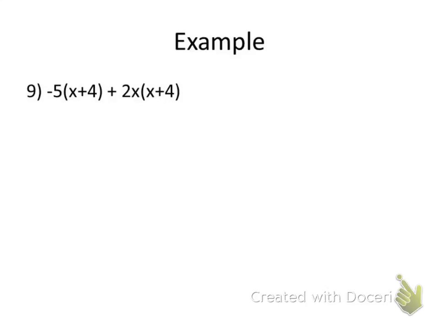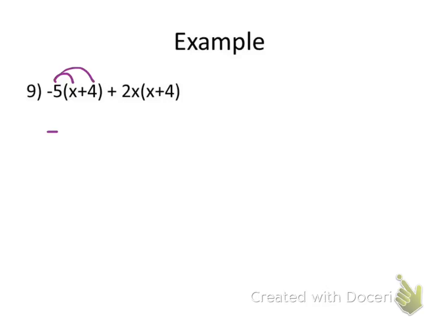All right, I see parentheses. That means I should do the parentheses, but you can't add x and 4. You have to distribute. Very good. So I'm going to multiply through by a negative 5.